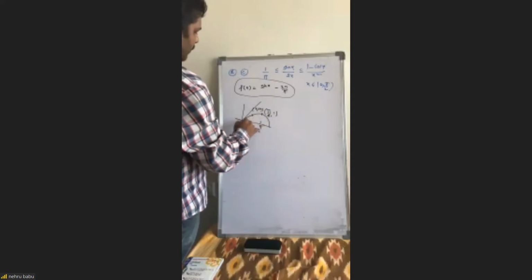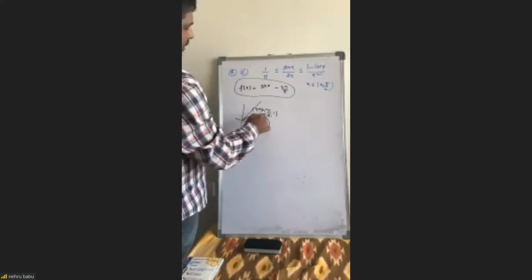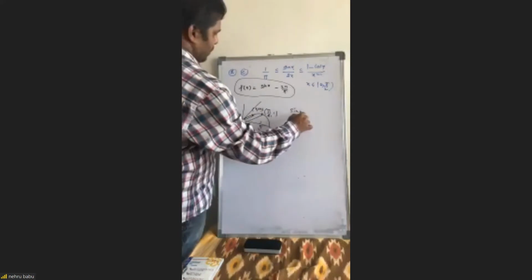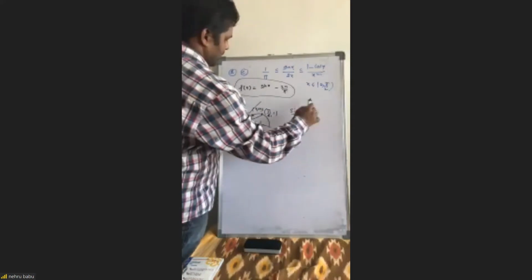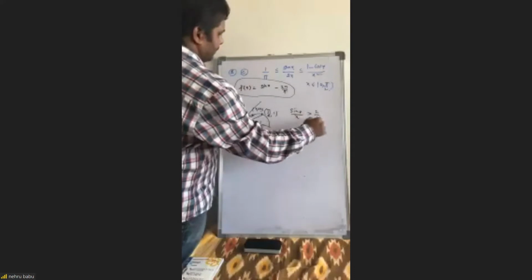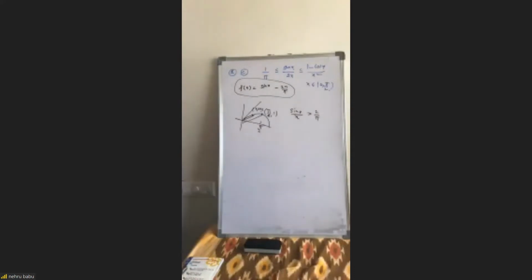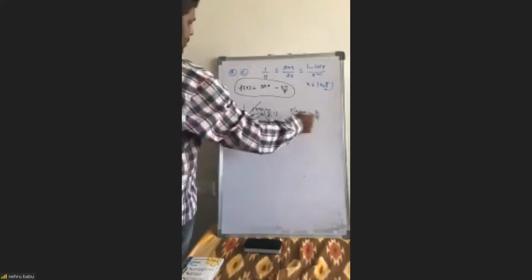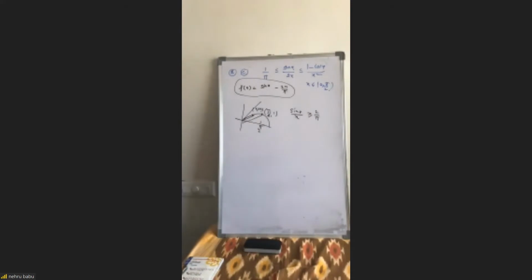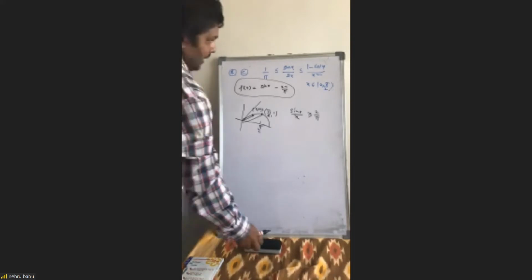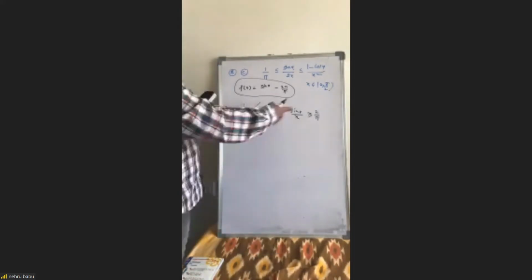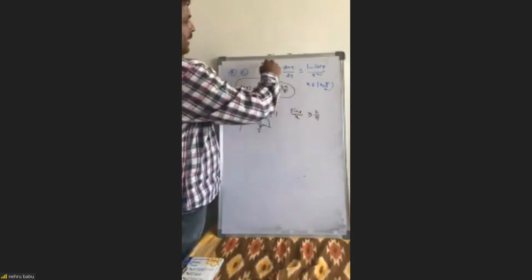So if you see the slope, sin x by x slope is bigger than 2 by pi. And when you take x equal to pi by 2, the two results coincide. So this is the other part. With the help of this, you can say this part is true.